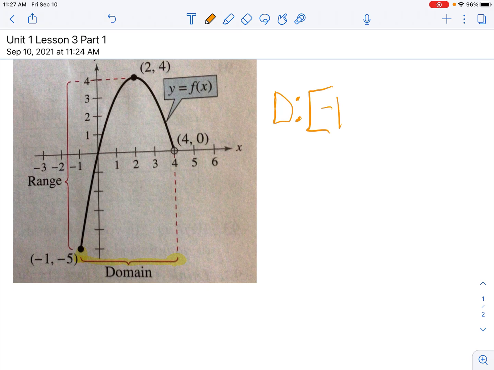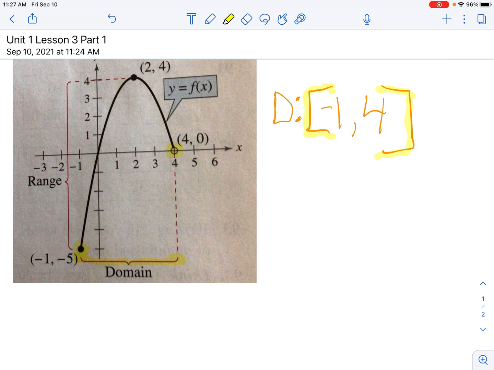So I might say that my domain is -1 to +4. Now, notice I used brackets.